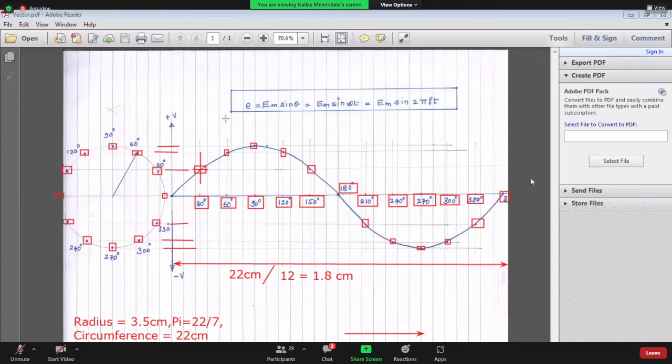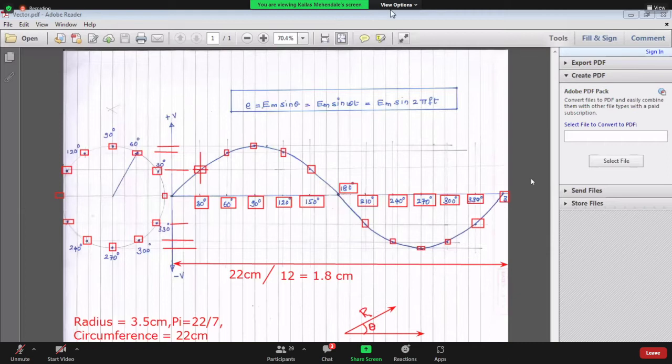Okay. So as I was explaining, the electrical significance of this, right? So this was my vector. Let us say this vector is R, which is at an angle, say theta.